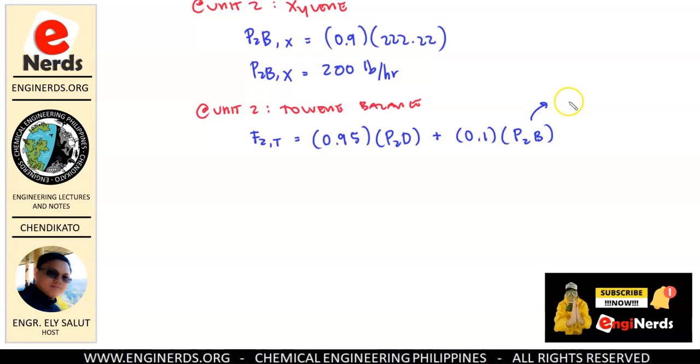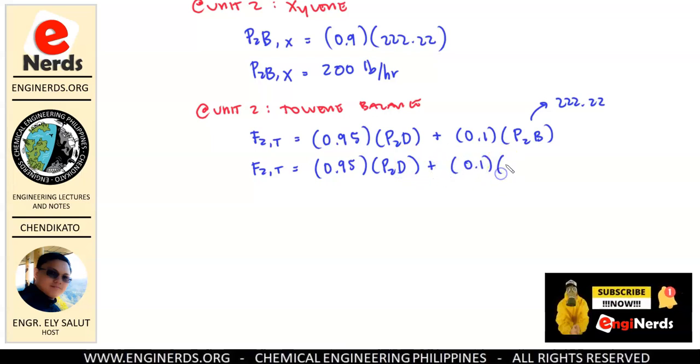Okay, we know the value of P2B. Okay, we know that this is equal to 222.22. We already calculated that, right? So let us substitute that. F2T is equal to 0.95 of P2D plus 0.1 of 222.22.